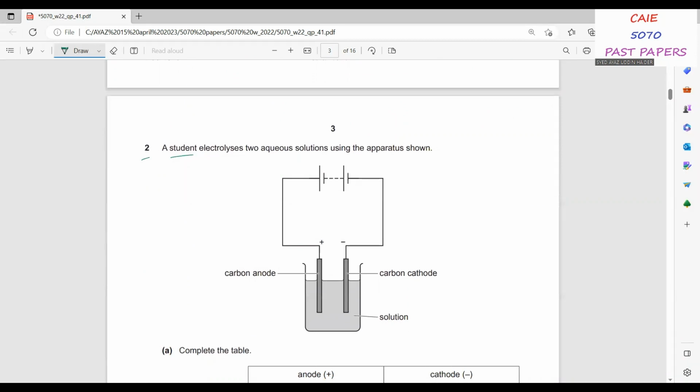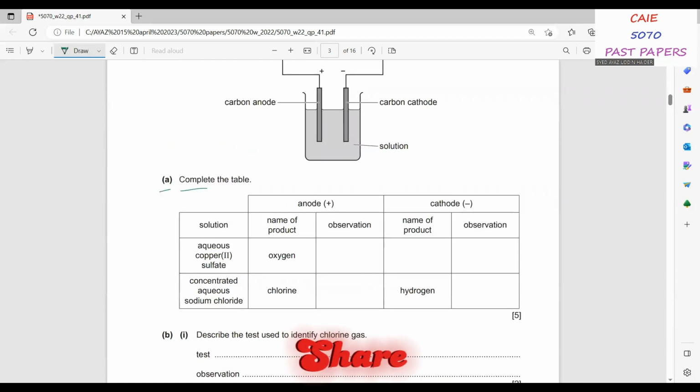Question 2, a student electrolyses two aqueous solutions using the apparatus shown. A, complete the table. We have solutions aqueous copper 2 sulfate and concentrated aqueous sodium chloride. For aqueous copper 2 sulfate at the anode, we will get oxygen. The observation will be bubbles of colorless gas.